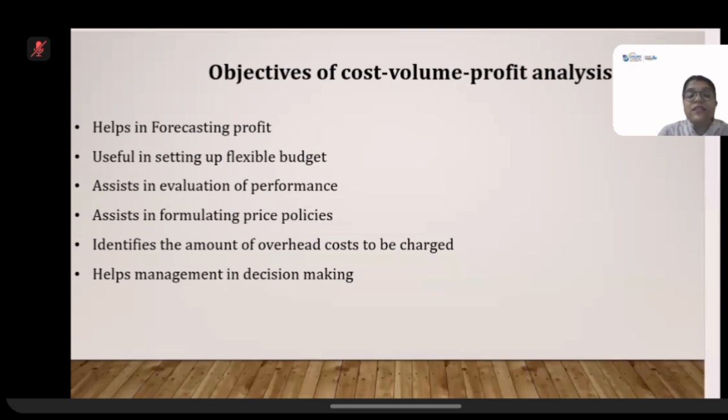Also, this analysis is useful in setting up flexible budgets. We know that sales are variable. Both things will keep changing depending upon the volume.